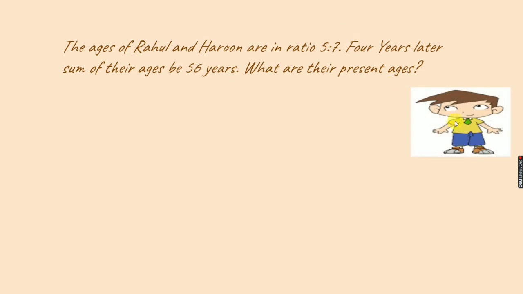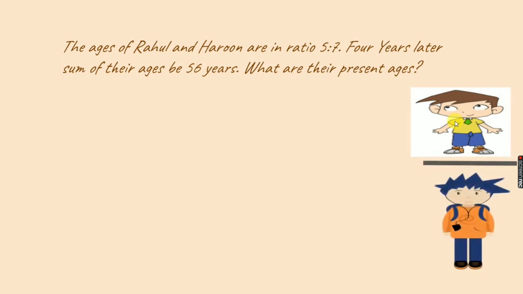Let us suppose this is Rahul and this is Harun, and the ages of Rahul and Harun are in ratio 5:7.